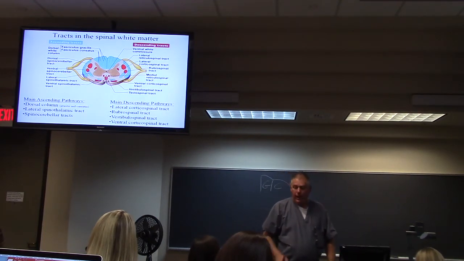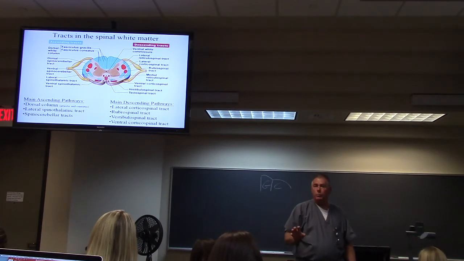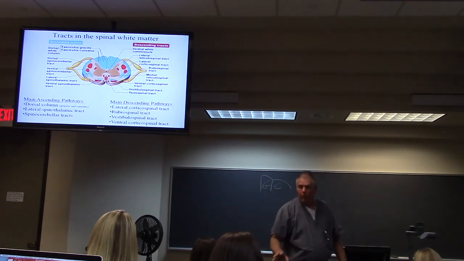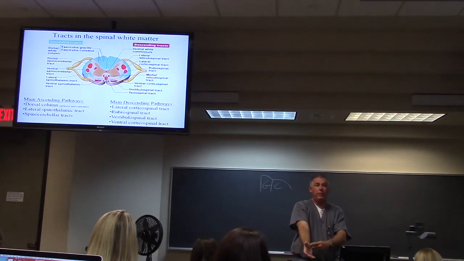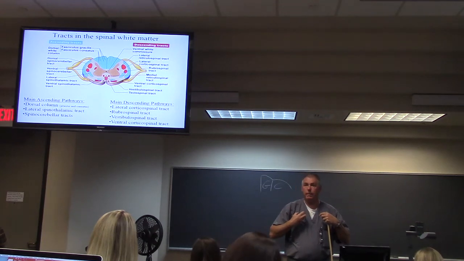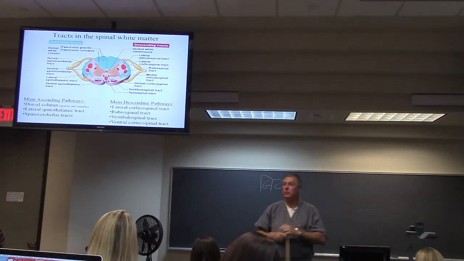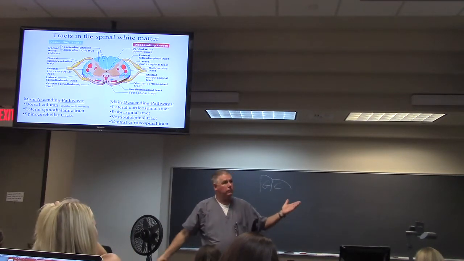So, if I'm going to pick up that telephone, I've got to have my corticospinal tract to do the volitional movement, but the rubrospinal tract helps refine that movement of the upper extremity flexors.